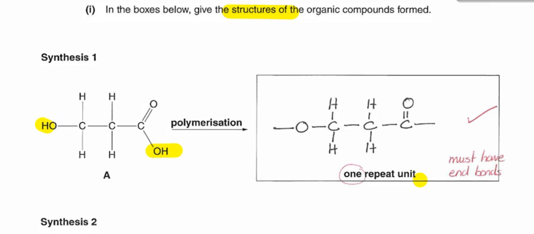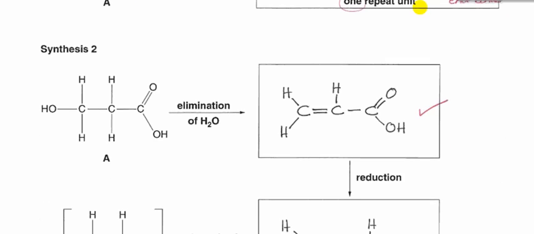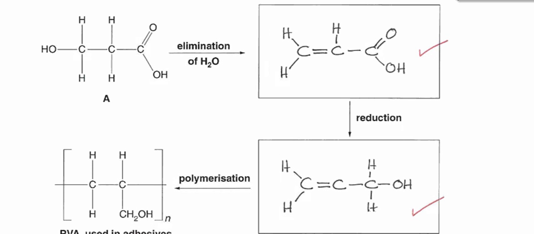Synthesis 2 is more of a tricky one. So synthesis 2 here, we've got a situation where we've got elimination of H2O. So here we're going to lose one H and the OH. This is an AS reaction.